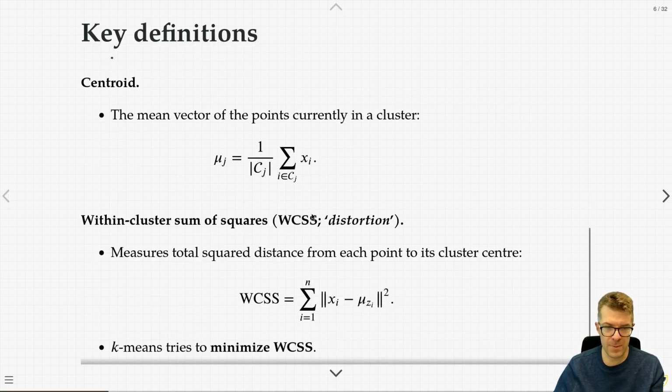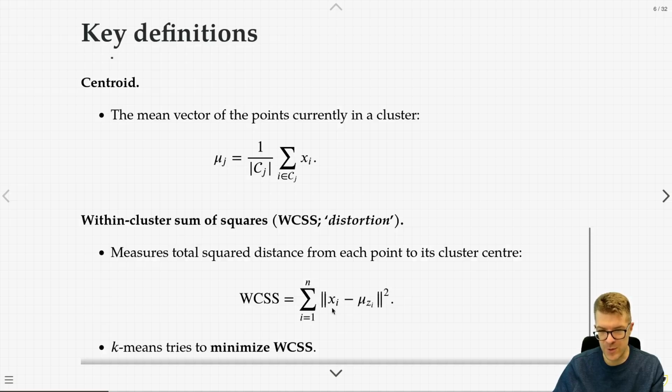Technically, we have this measure called the within cluster sum of squares, or WCSS. This is the correct term, but I kind of prefer the term distortion. So even though I'm usually going to write WCSS, I'm going to refer to this as distortion, which is another name for the same thing. The distortion measures the total squared distance from every point to its cluster center. So here we have the sum over all of our data points n.